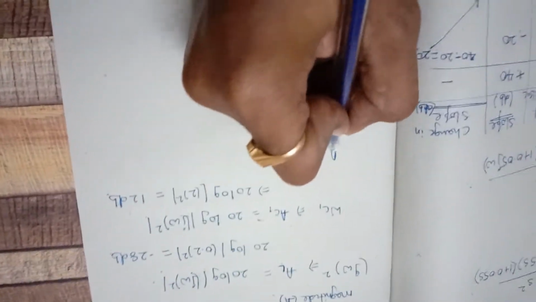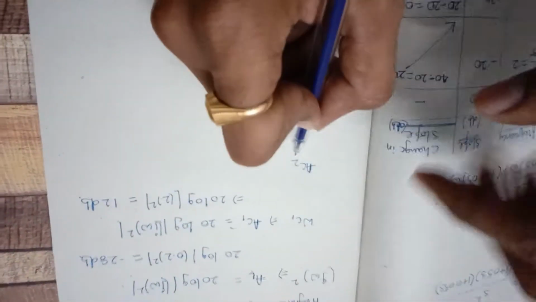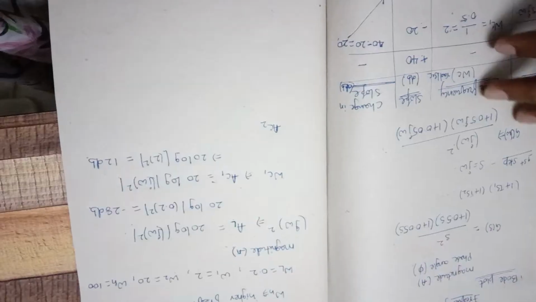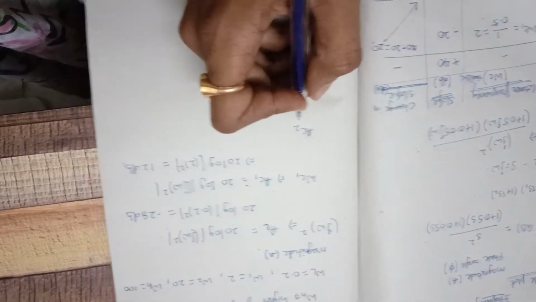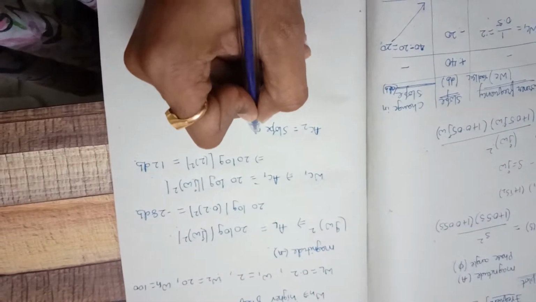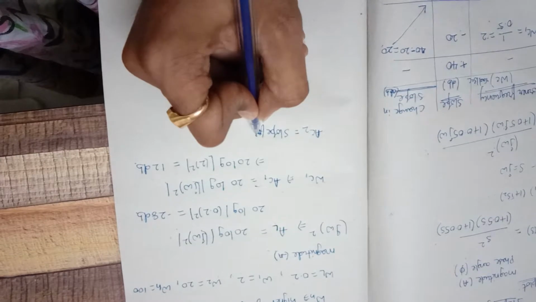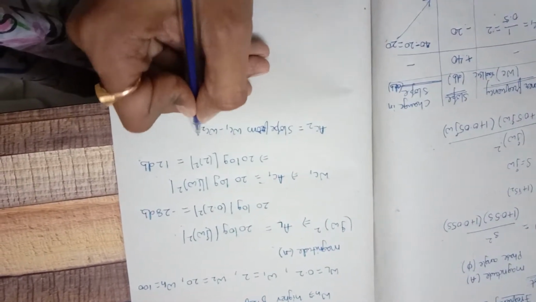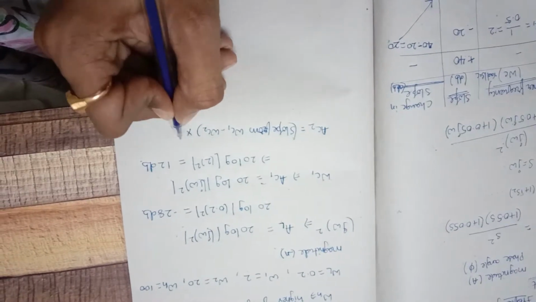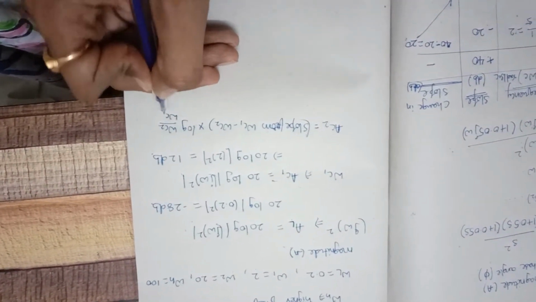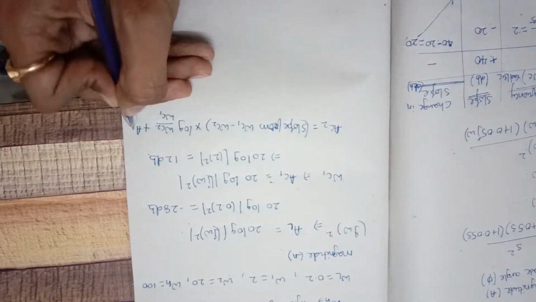Similarly, there's a formula for this. So the formula is AC2 can be written as slope from omega c1 to omega c2 into log of omega c2 by omega c1 plus magnitude of AC1.